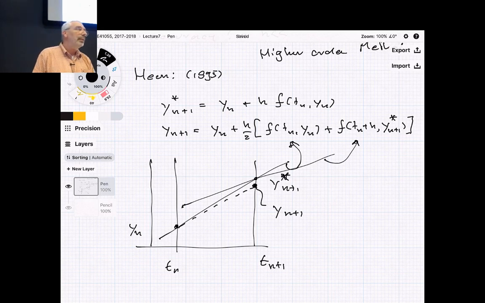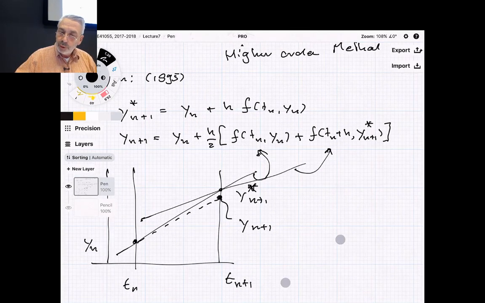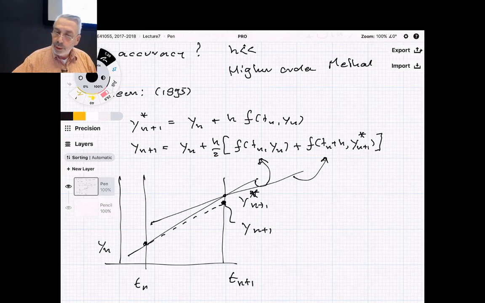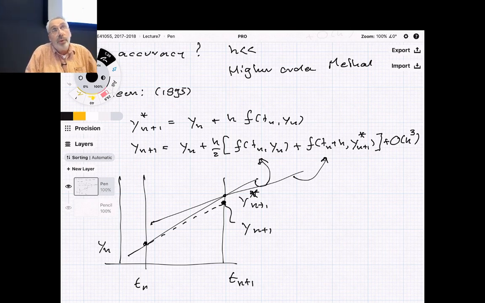Now why is it better? If you look at the formula, it turns out that the truncation error you make here is of order h to the power 3, meaning that you're more accurate within this one step. Of course, you also have to do more work, twice the amount of work. Okay.